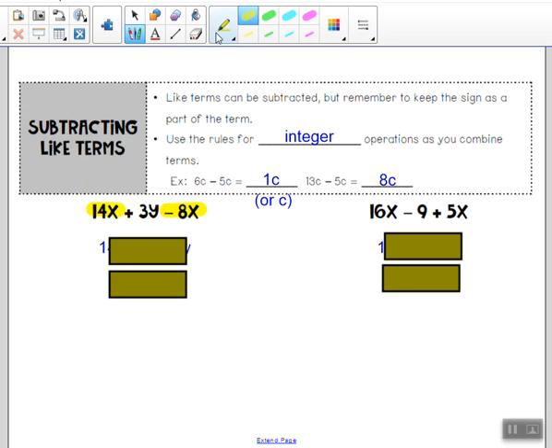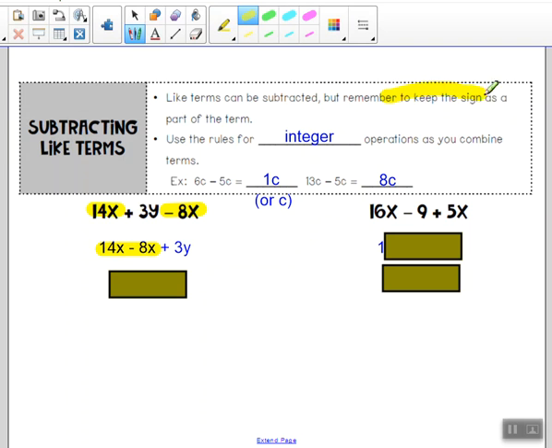So I want to group those together and think of this as a positive 14x because there's no symbol out front. And think of this as a negative 8x. That's really just taking away 8x's from that one. So my first step is usually just to group the ones together that I can. And in this situation is these two. 14x take away 8x. That's what it says right here.